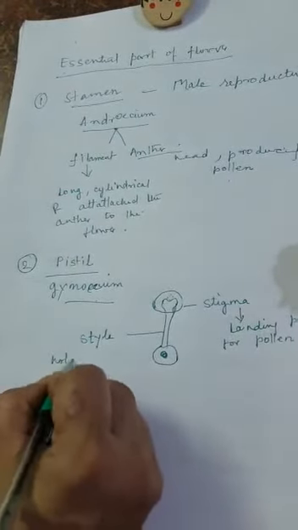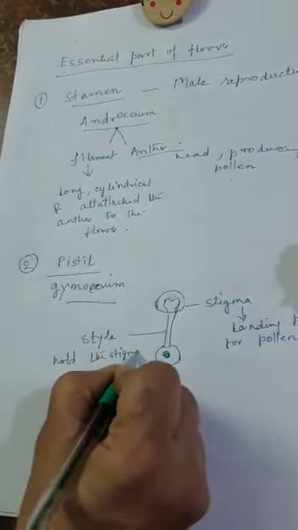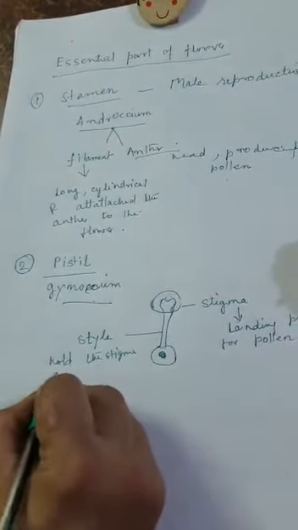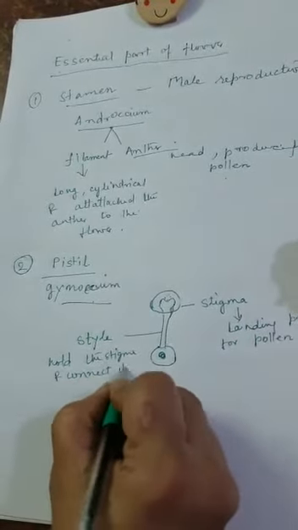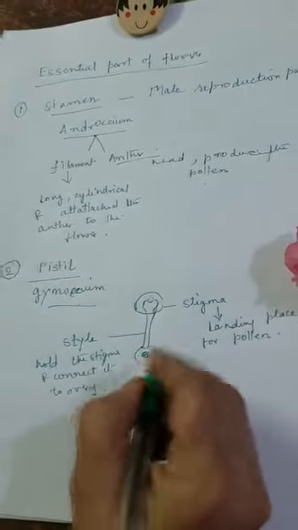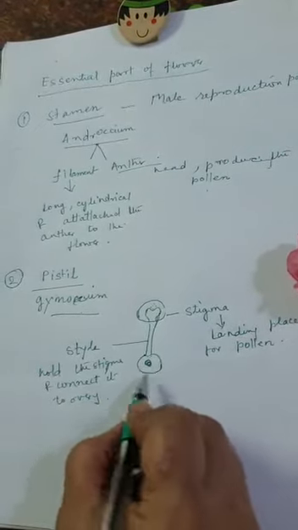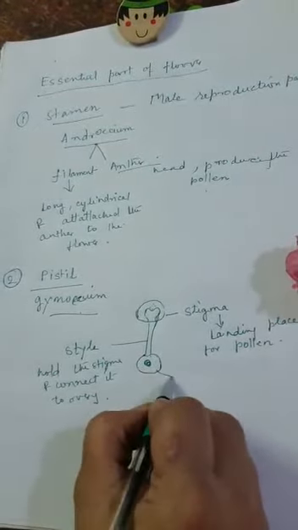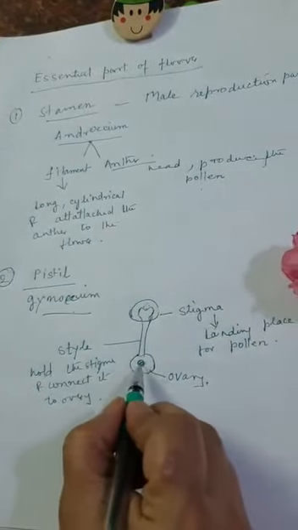That means it holds the stigma and connects it to the ovary. And the third main, very important part is ovary, under which ovule lies.